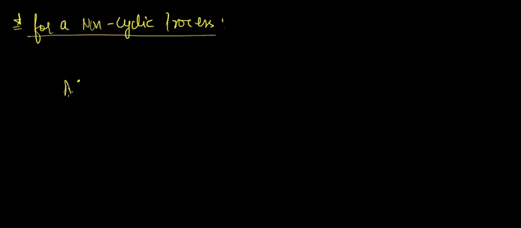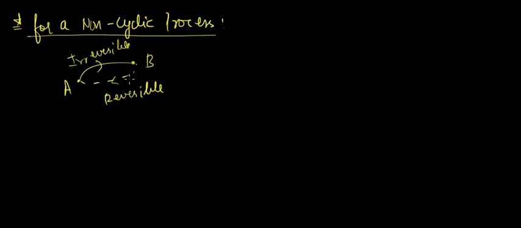Let's suppose a system goes from A to B. From A to B, it is going irreversibly, and from B to A, let's say this is reversible. But for now, we are only considering what happens in case of an irreversible path from A to B.